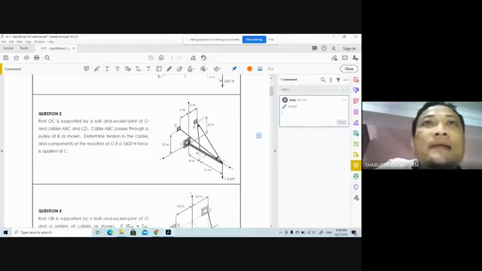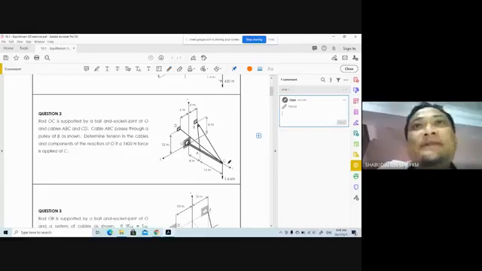Cable ABC passes through a pulley at B. Determine the tension in cable and component of reaction at O when a 1000 Newton force is applied at C.